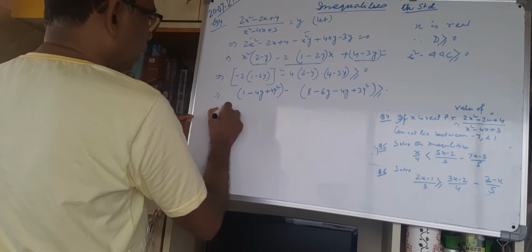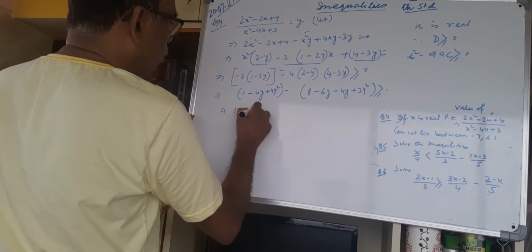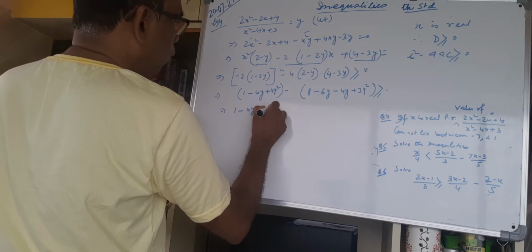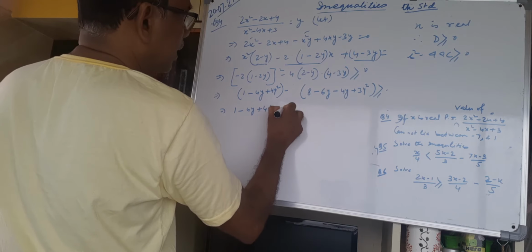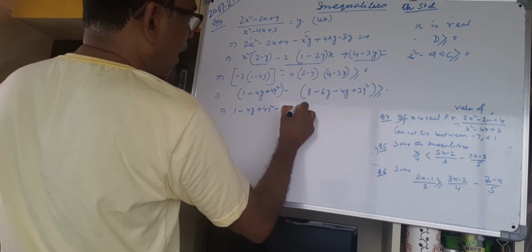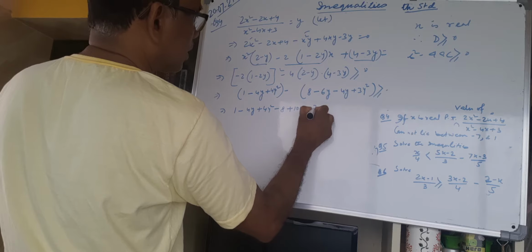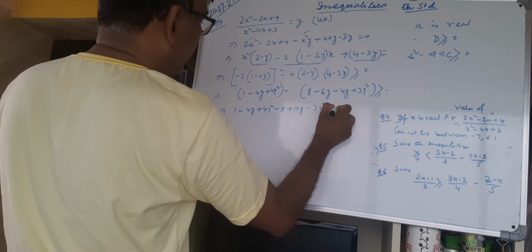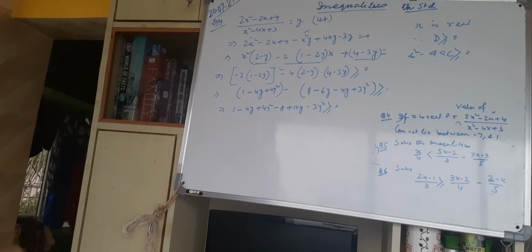Now implies 1 minus 4y plus 4y square minus 8 plus 10y minus 3y square greater than equals to 0.